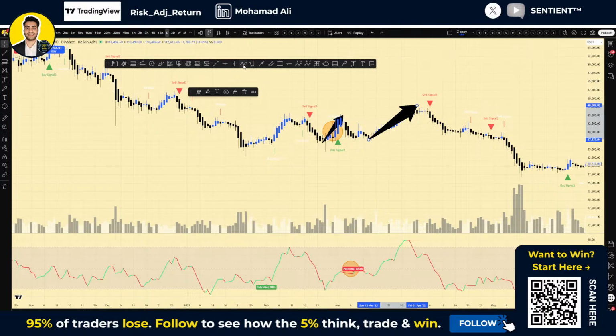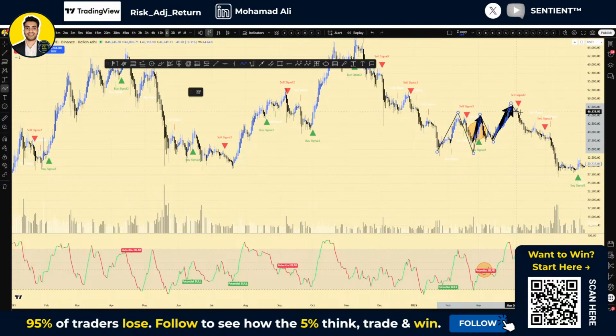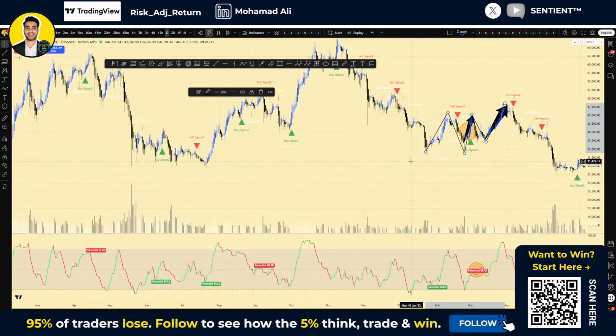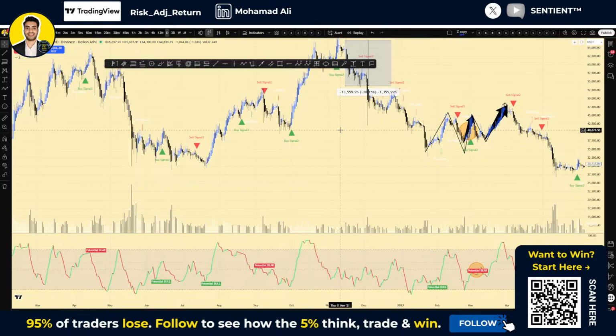So basically on market structure and price action, we are making higher highs, but overall trend is a downtrend. Everything below 20% correction for me is a bear market. Just keep that in mind when it comes to downtrends and uptrends.